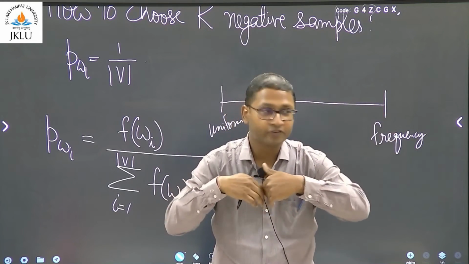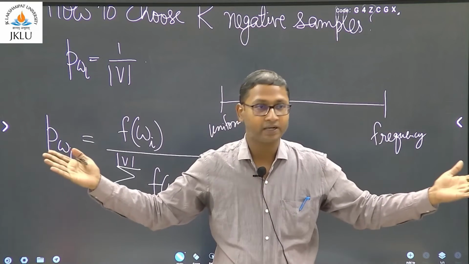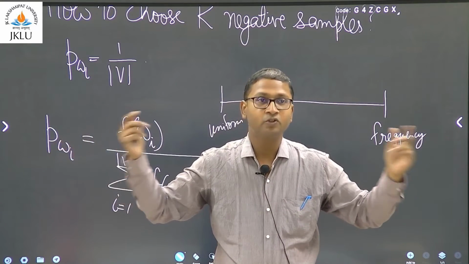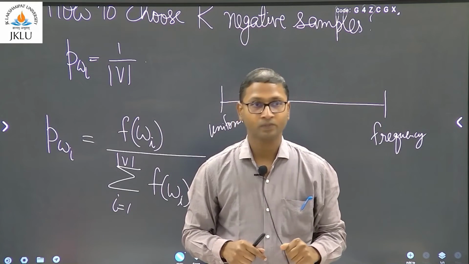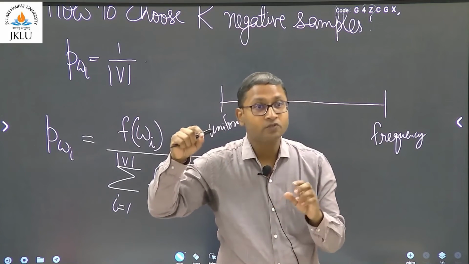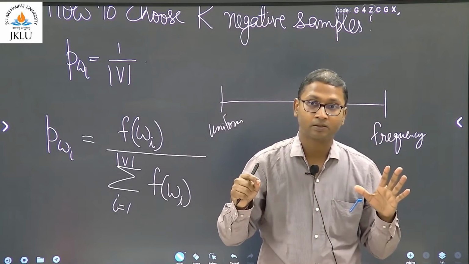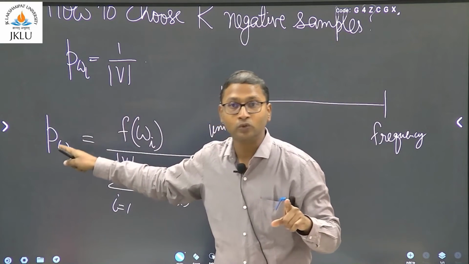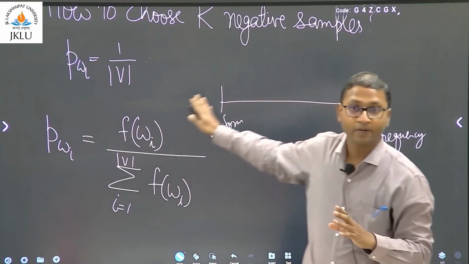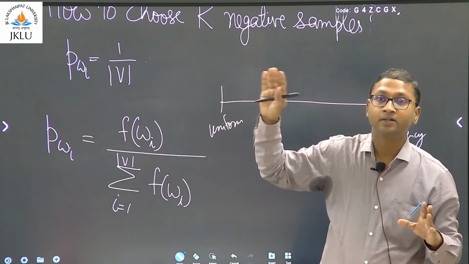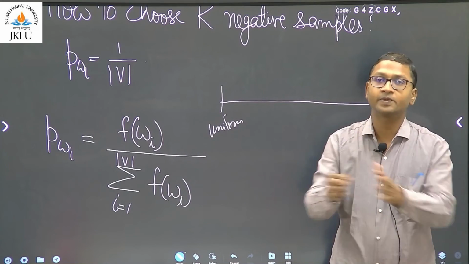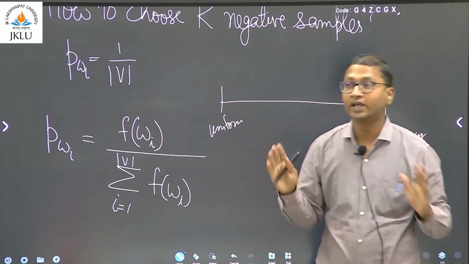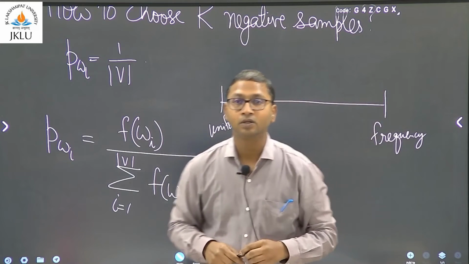So out of every 100 sampled negative samples, you will sample "the" 7 or 8 times. This means those words which are there in English are there in your vocabulary too. They will never be sampled because their frequency is too low. So they will almost never be sampled. You don't want that. Why don't you want that?